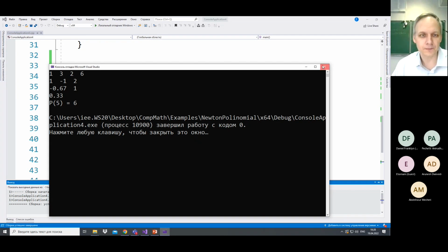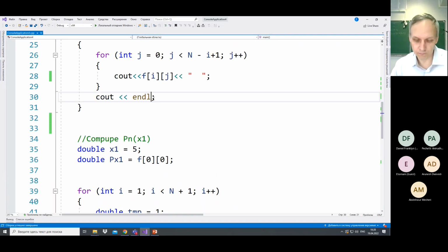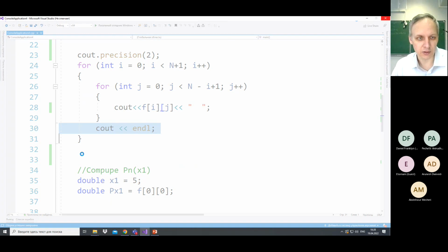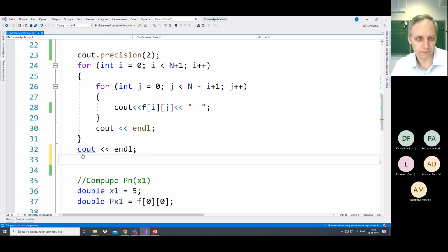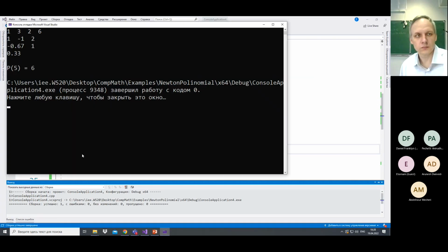Well, the zero divided difference is 1. You know how to write P1.